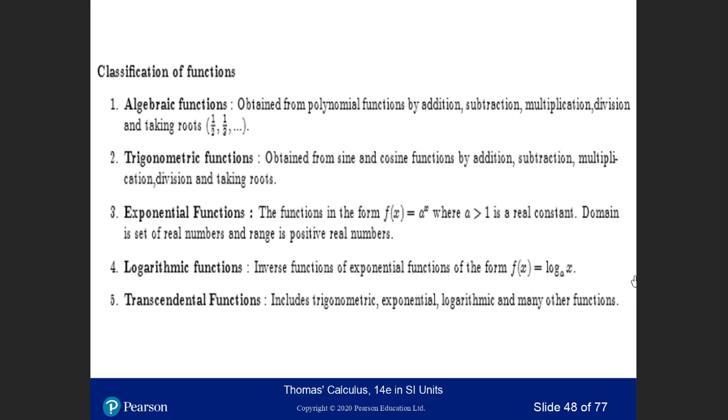Now there's another family which is called trigonometric functions. These are obtained from sine and cosine functions by addition, subtraction, multiplication, and division, or taking roots. Now there are exponential functions. We will see that separately. You know from your high school knowledge, it's a function like this: f of x is equal to a to the power x, where a is greater than 1, a real constant.